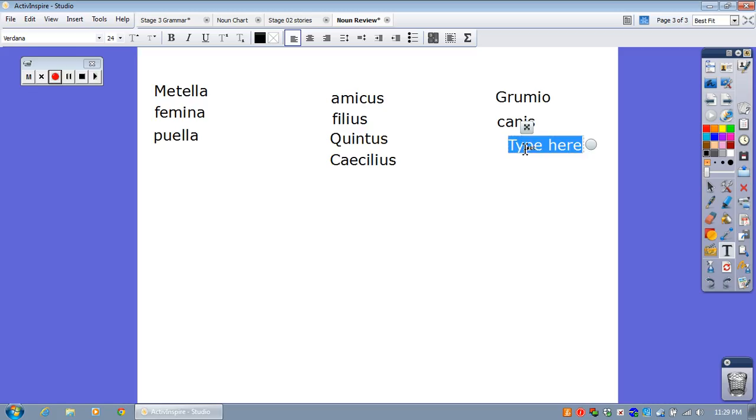What about merchant? That was mercator. And Clemens. And what about thief? Fur, F-U-R. That was one of the words. How about slave? Servus. And then slave girl was Ancilla.